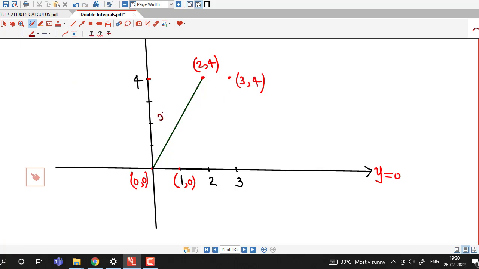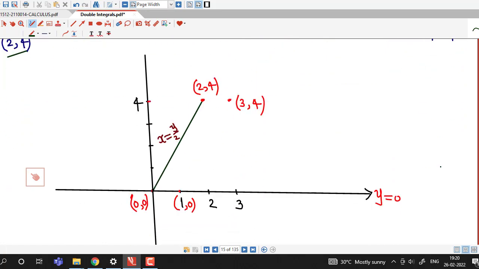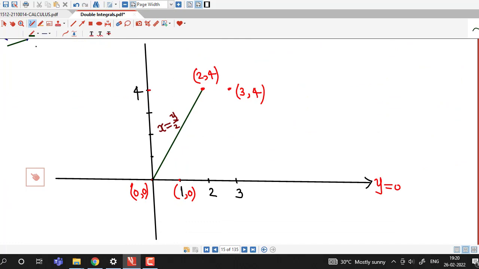So here I can write that this is the line x equal to y by 2, and x equal to y by 2 plus 1 will pass through (1, 0) and (3, 4). That means these 2 points. So we can sketch those 2 points, (1, 0), this one and this one.